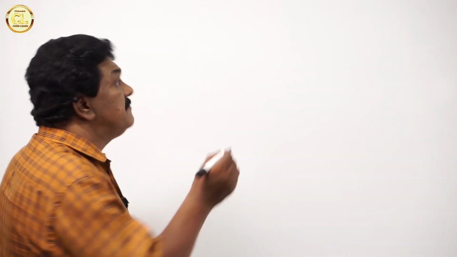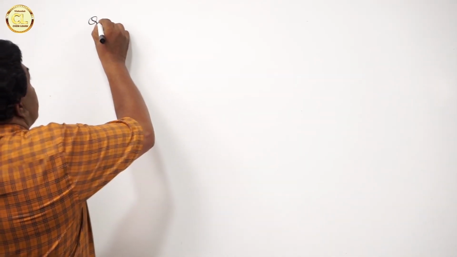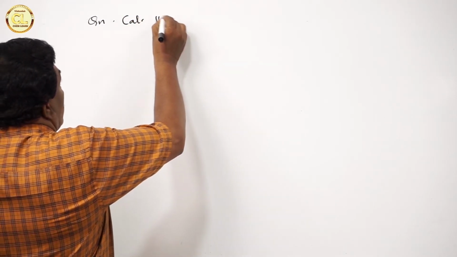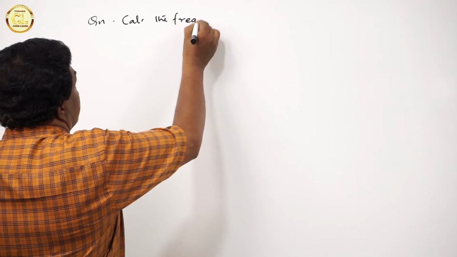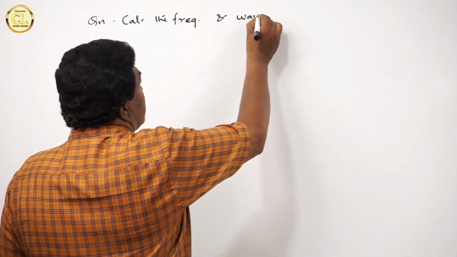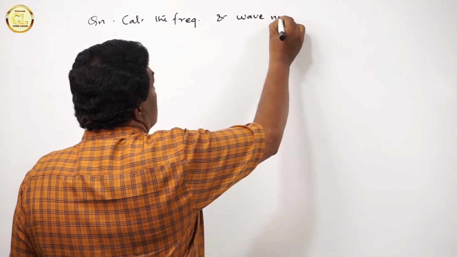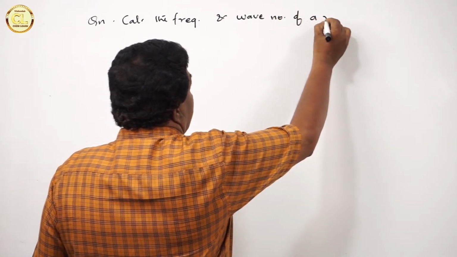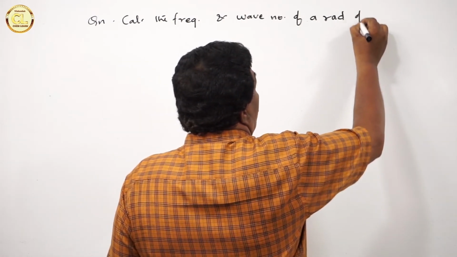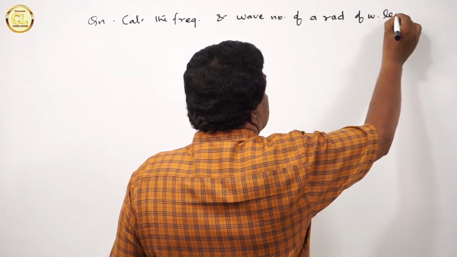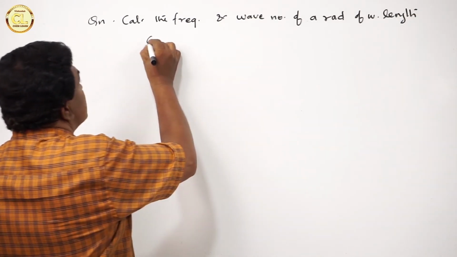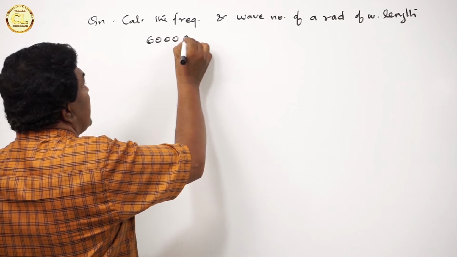We can do a problem. Question: Calculate the frequency and wave number of a radiation of wavelength 6000 angstrom units.